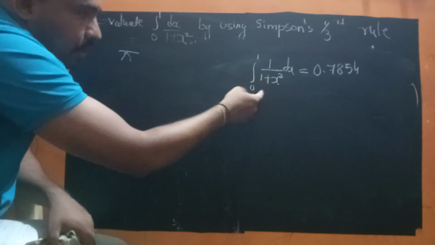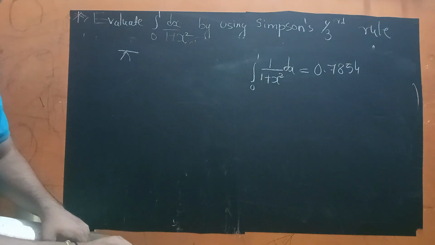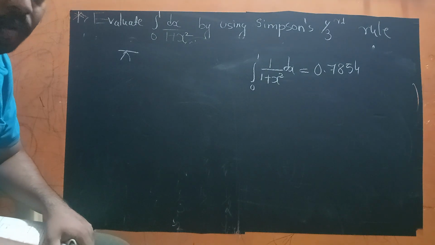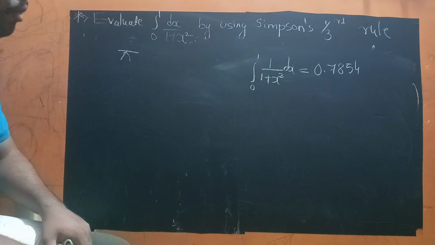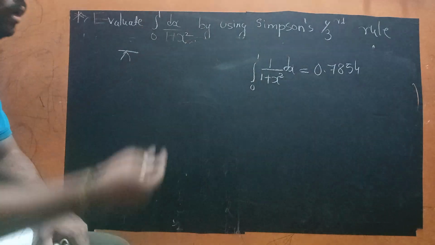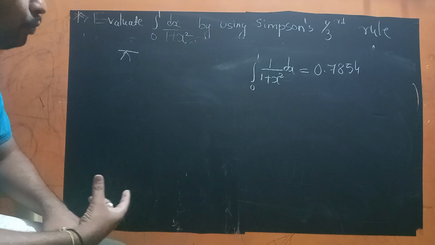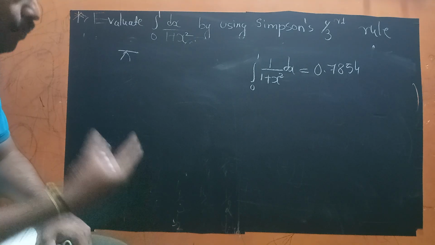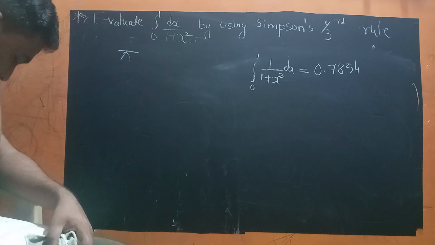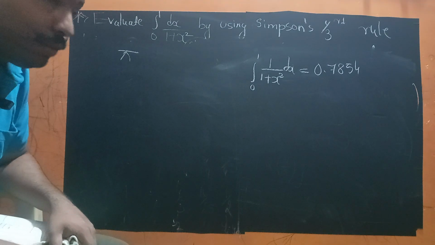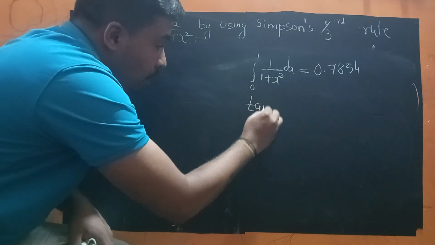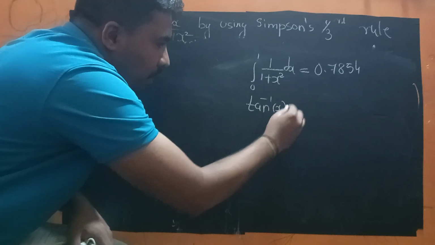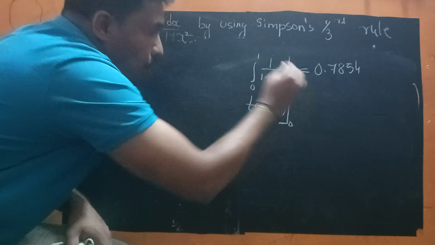This left hand side integral we have to integrate theoretically, or analytically. How to find it? 1 by 1 plus x square is the standard integral. No need to substitute anything. So the integration of 1 by 1 plus x square is tan inverse of x. So the integral of 1 by 1 plus x square is tan inverse of x between the limits 0 to 1.